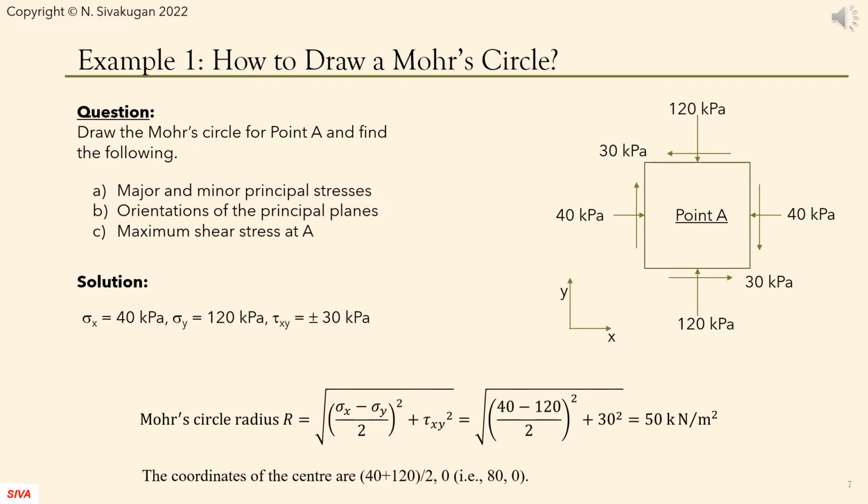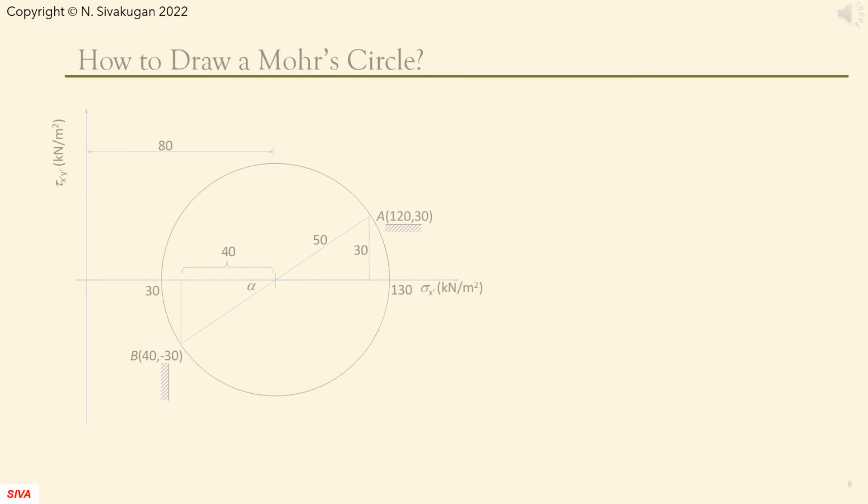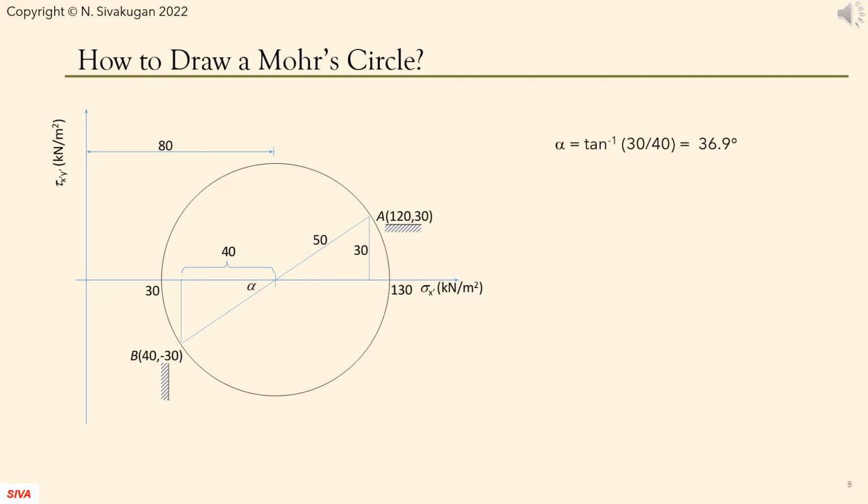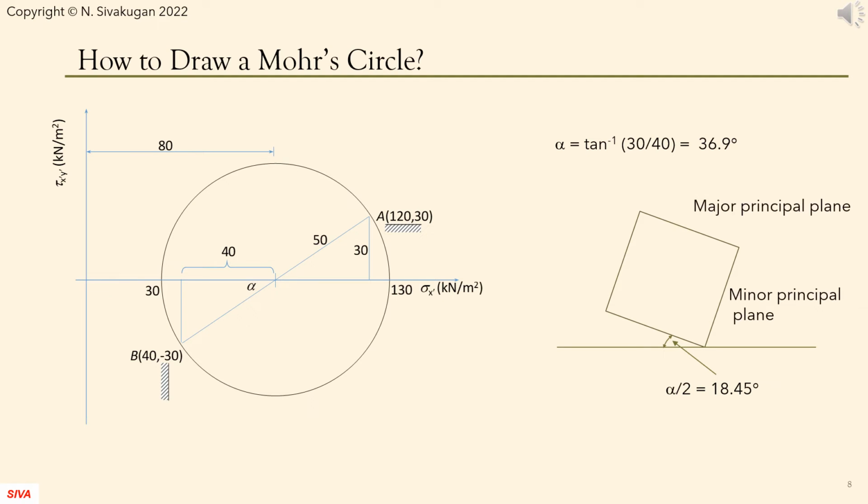Here is an example on how to draw the Mohr's circle for a given state of stress. The first step is always to find the radius and center coordinates, which enable us to draw the Mohr's circle. Once the Mohr's circle is drawn, identify the horizontal and vertical planes on the Mohr's circle.